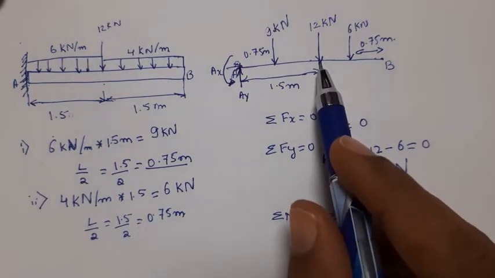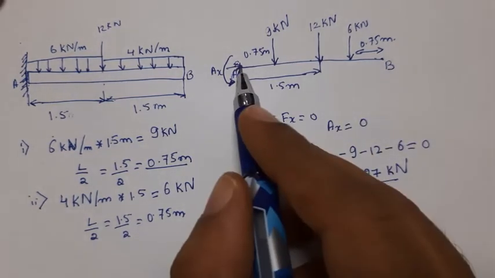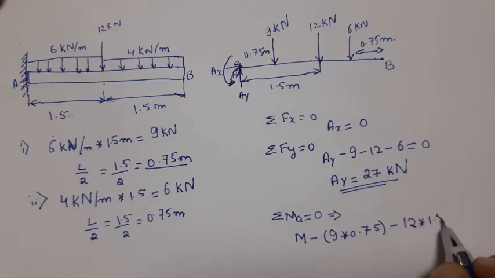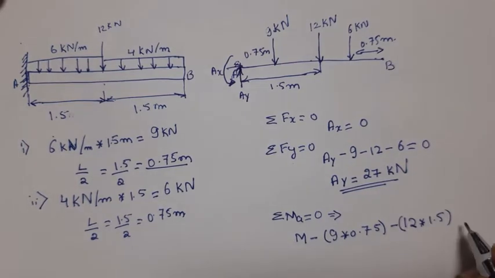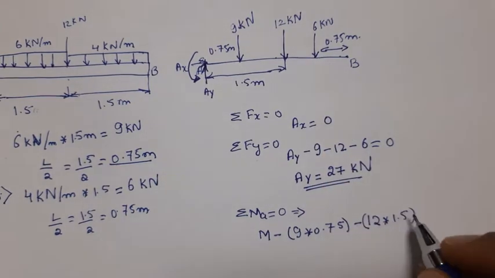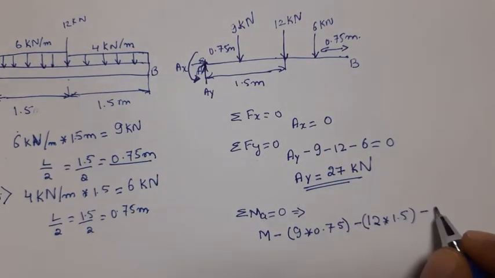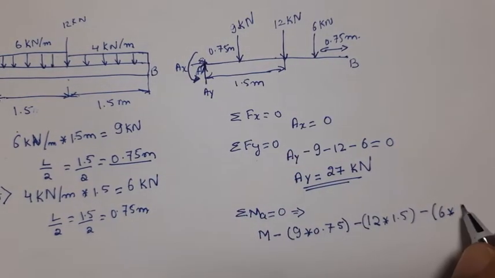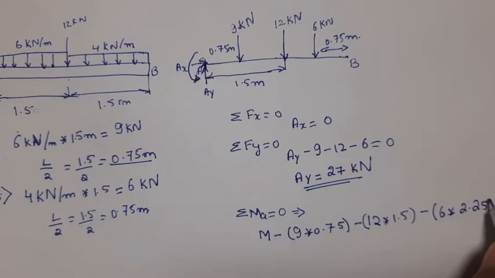Then again another force in clockwise direction, so again minus 12 into 1.5 meters, and then the last one is minus 6 into 1.5 plus 0.75, that is 2.25.